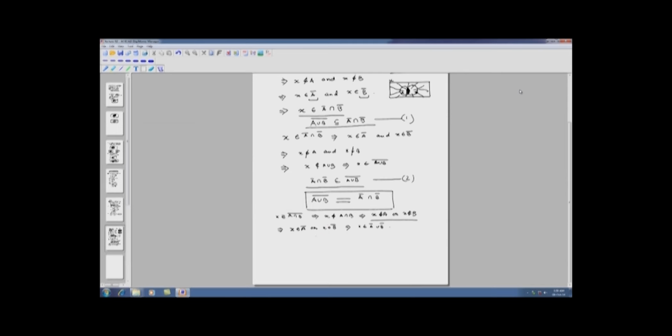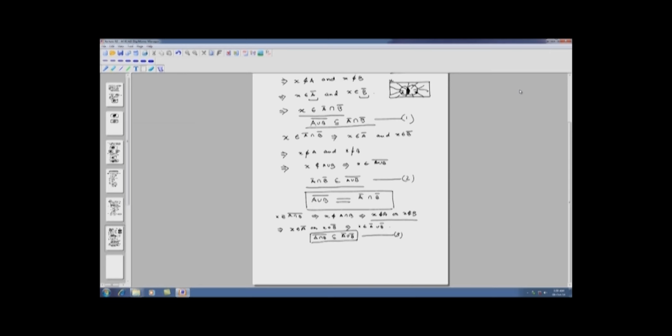Therefore, like before, we can write that A intersection B complement is a subset of A complement union B complement. Let us write this as 3.